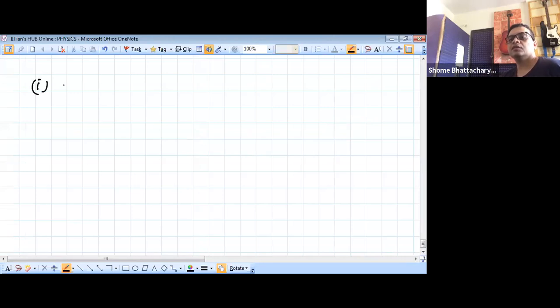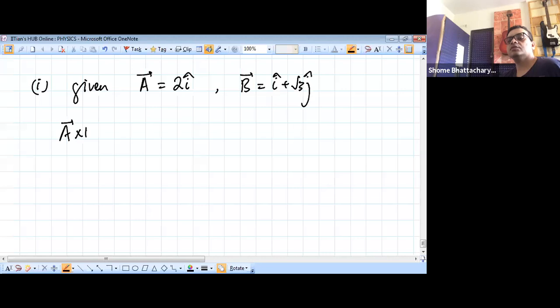So in the first part, given that vector A is 2I cap and vector B is I cap plus root 3 J cap, A cross B will become, I can replace A with 2I cap, cross product with B, which I can replace with I cap plus root 3 J cap.